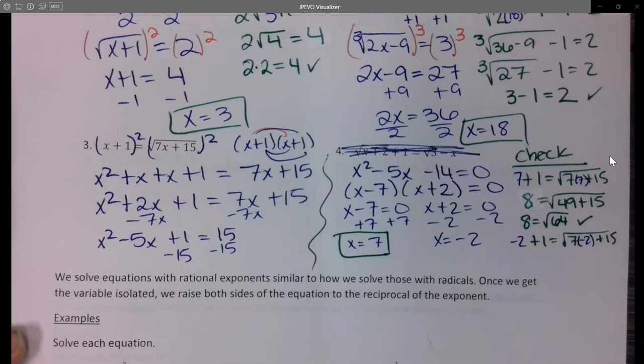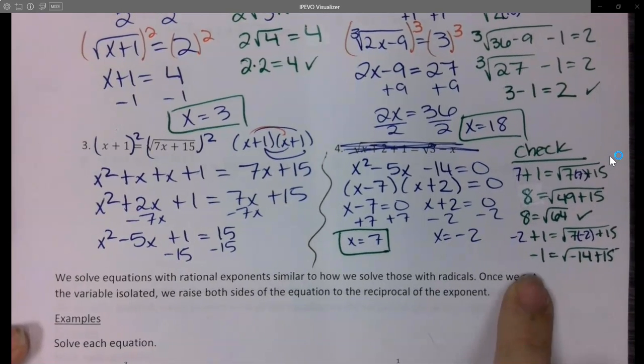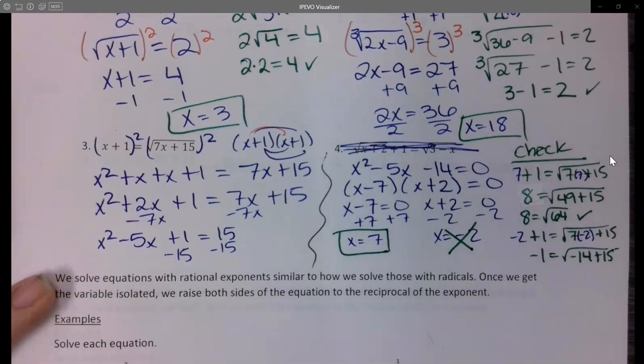So then I have negative 2 plus 1 gives me negative 1. 7 times negative 2 gives me negative 14 plus 15. I can't have a negative answer equaling a radical, so this one doesn't work.